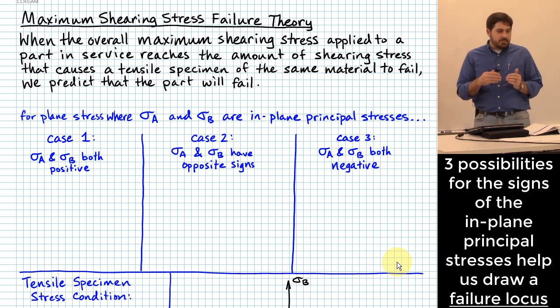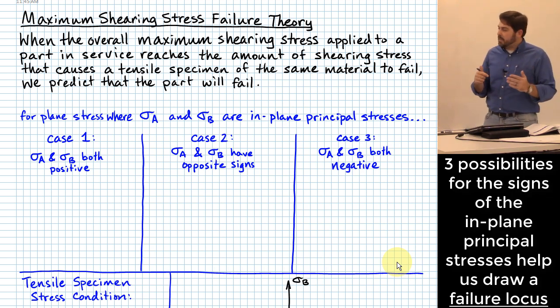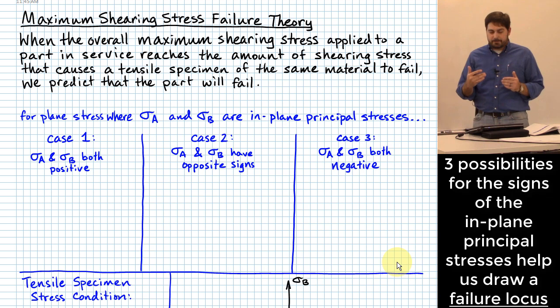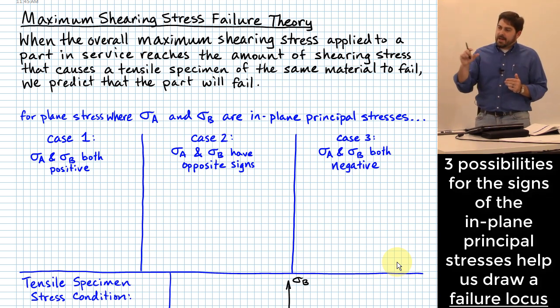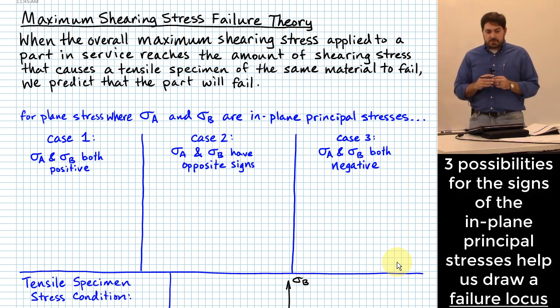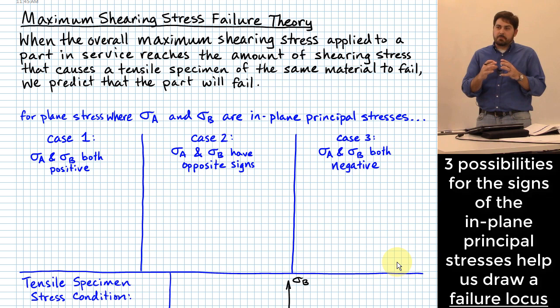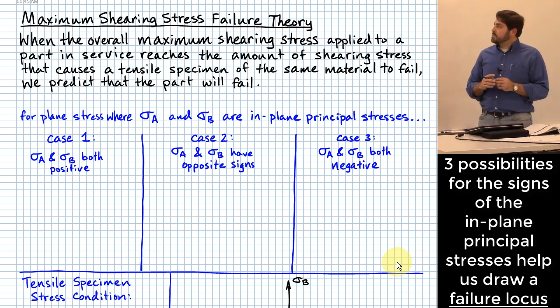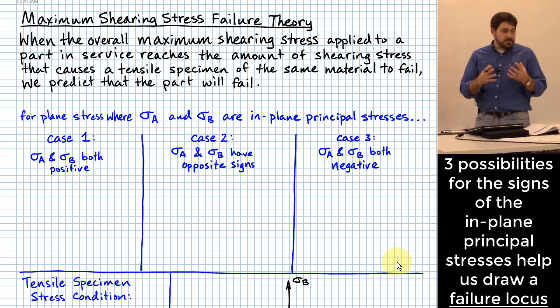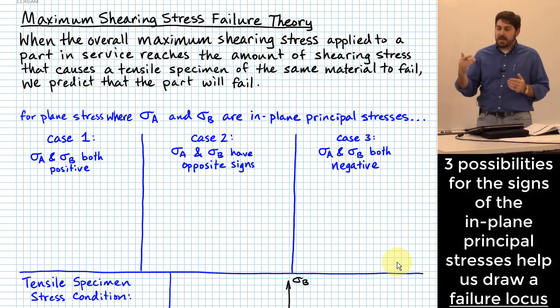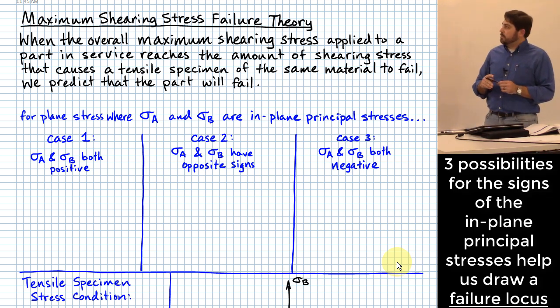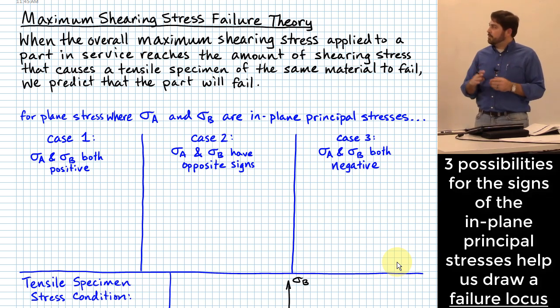Imagine that sigma A and sigma B would be like the stresses that you would measure with maybe a strain rosette on the surface of a part. Plane stress is often the state of stress that occurs on the surfaces of parts, and so it's often the state of stress that you have at a location where you might have critical stress, meaning the place where a part is going to fail first.